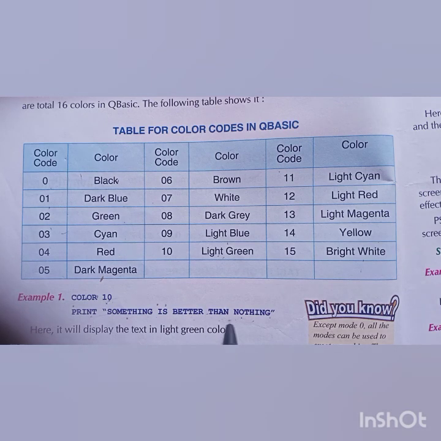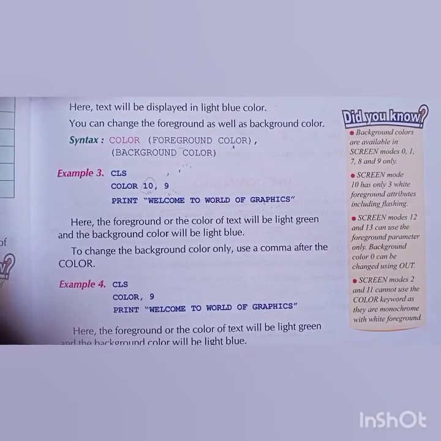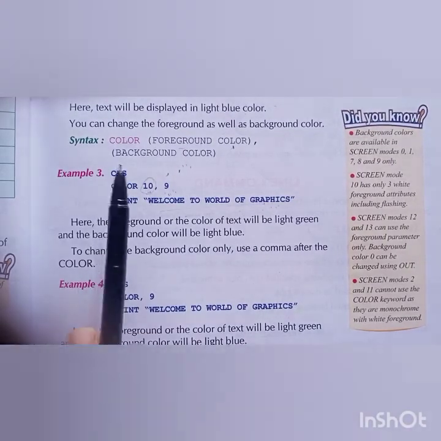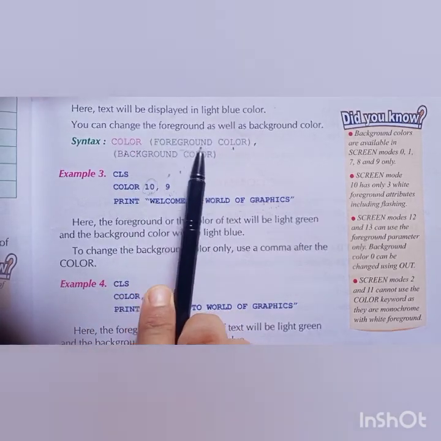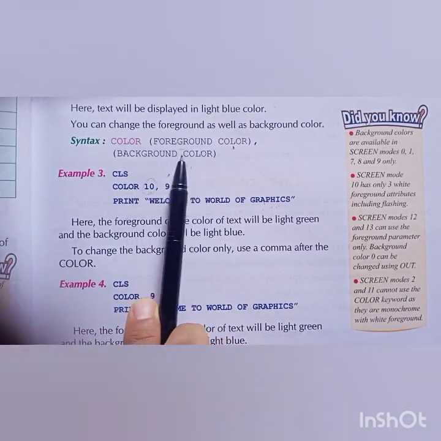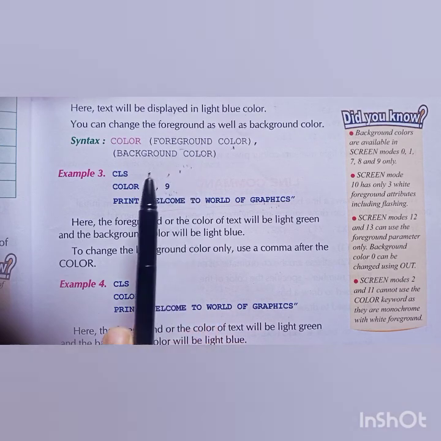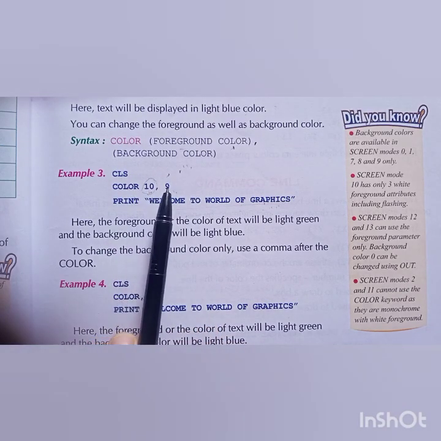But here we have not given a background color. Now let us see how this command should be modified if we have to give a background color. For background color, the command is modified as color, then the foreground color code, then the background color code. Here you can see color 10, 9.